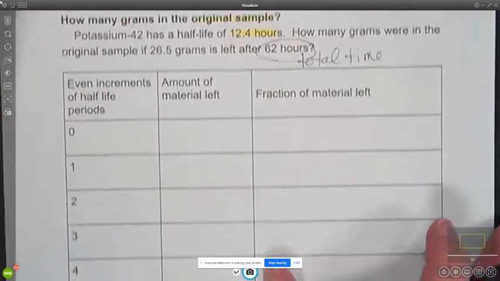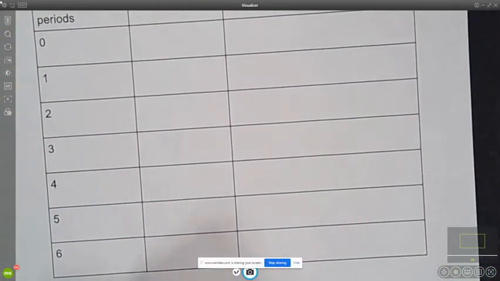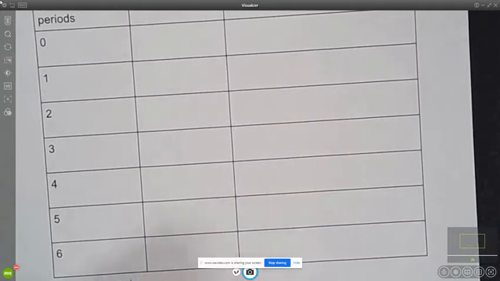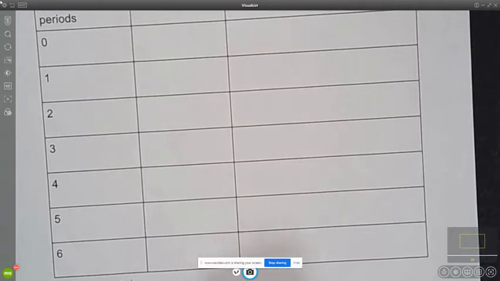So I'm going to come down here and figure this one out. I've got 62 hours. That's your total time. And half-life is 12.4 hours. When I divide that, it tells me I've got 5 half-lives occurring.